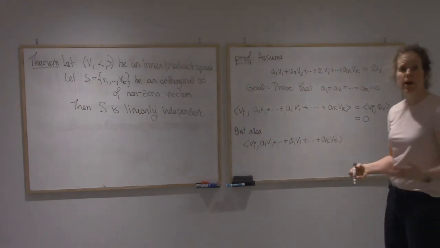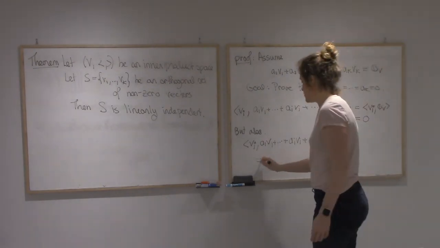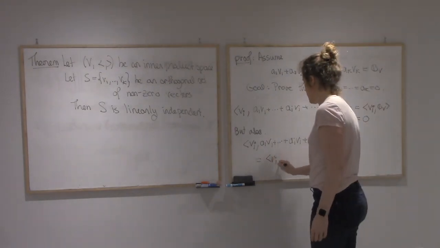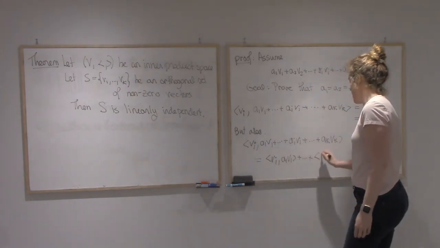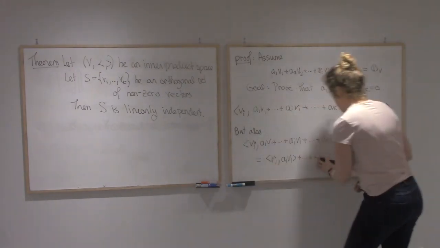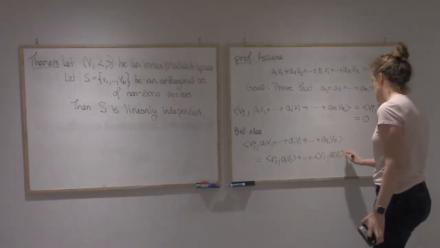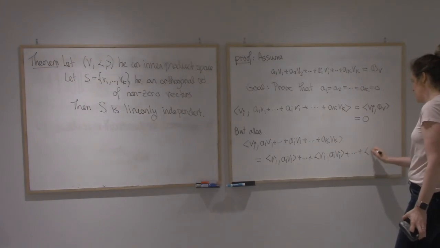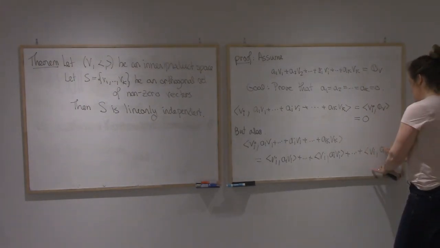We have an inner product. That means it splits over sums and the constants come out. So this is Vi dot A1 V1, Vi dot Ai Vi, Vi dot Ak Vk.